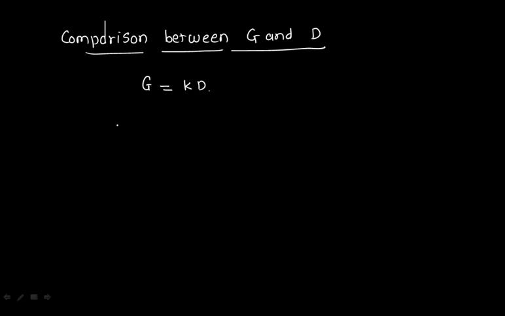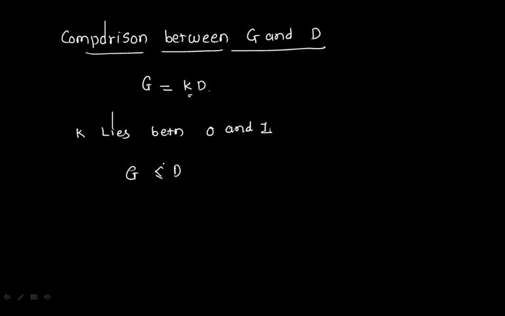If your K lies between 0 and 1, then your gain will be less than or equal to directivity. Or if it is 1, G is equal to D.